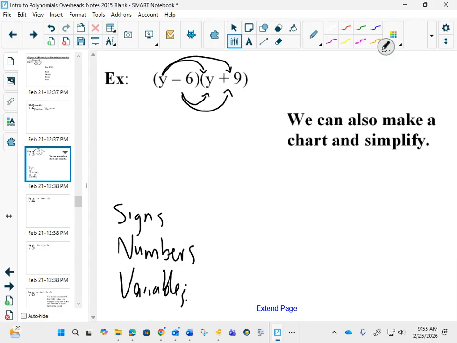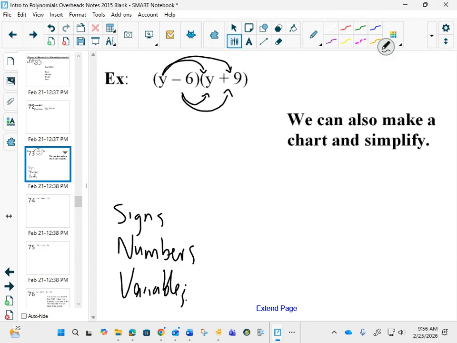I've got a positive times a positive. What would that be? Positive. What would 1 times 1 be? Remember, with our math goggles, we see it's really 1y, right? So what would 1 times 1 be? 1. Good. So do I need to write the 1? No. All right.